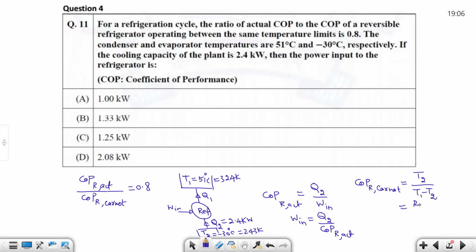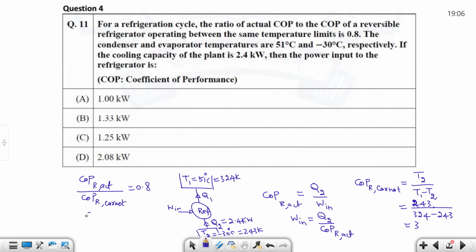Substitute that 243 by 324 minus 243. Three. Three is the COP of Carnot refrigerator.